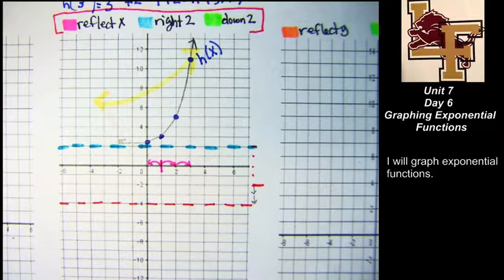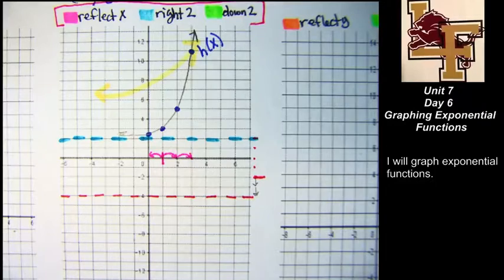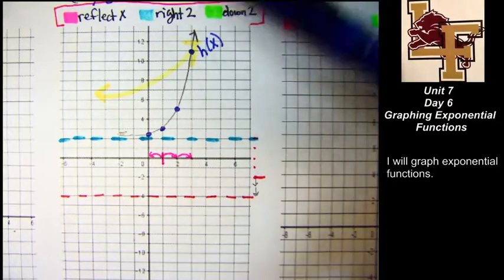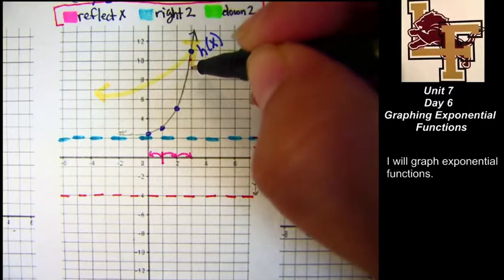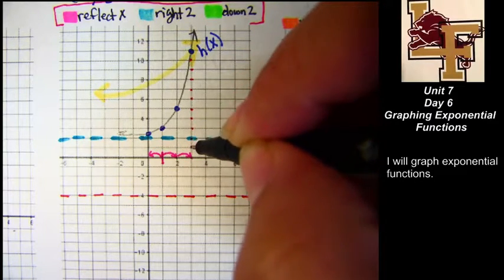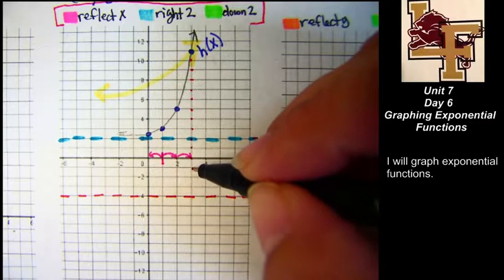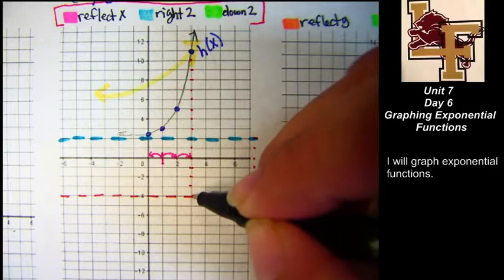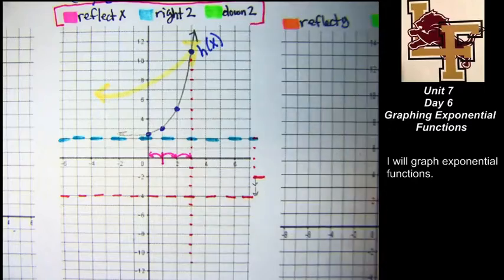So far, so good? I'm going to do that same process to every point on my graph, and I'm going to keep track of all of the little motions. I'm going to use a pencil and put little X's where things happen. This one is 11 away from the x-axis, so I have reflected it.